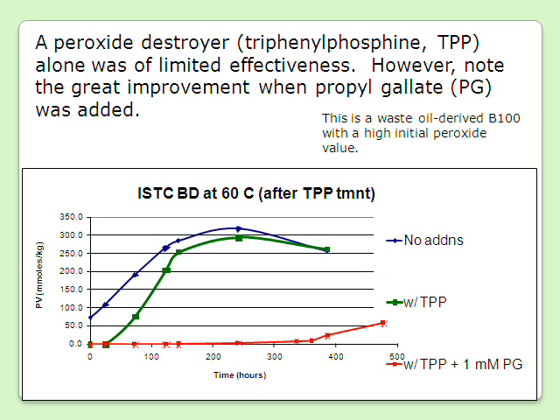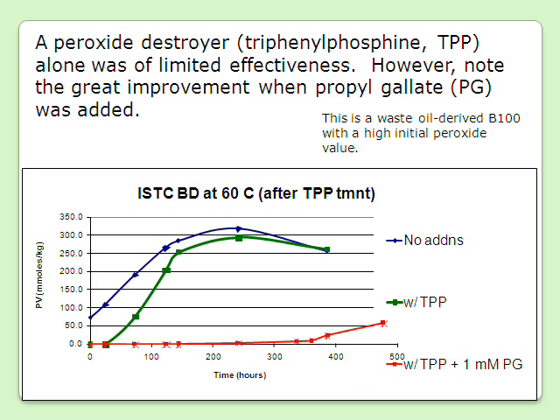But after heating at 60 degrees with triphenylphosphine present, the main thing that was observed was that the initiation period, or the lag period, was only delayed for about 24 hours, and then it took off and propagated at about the same rate as having nothing present.